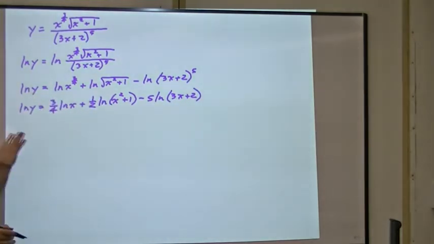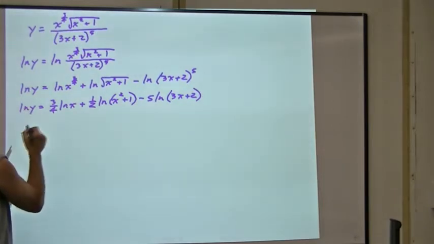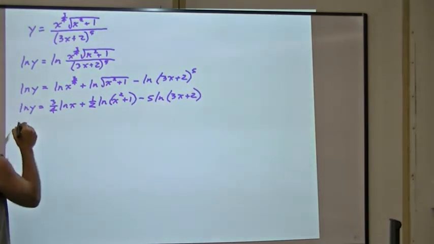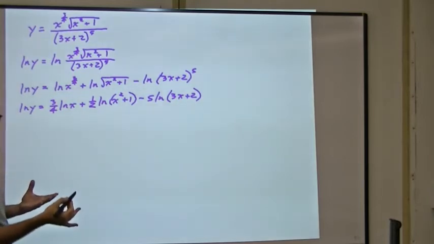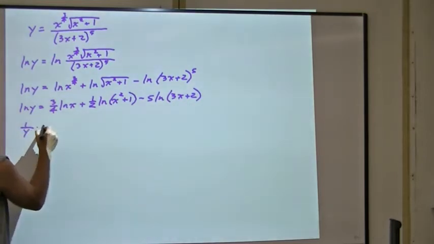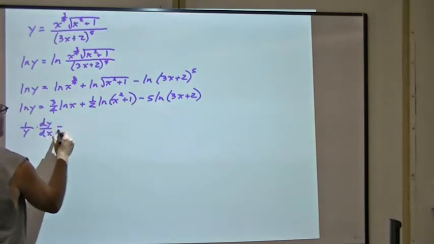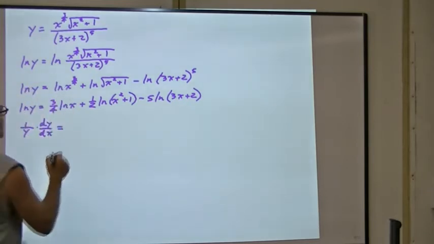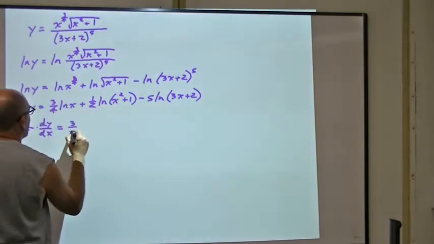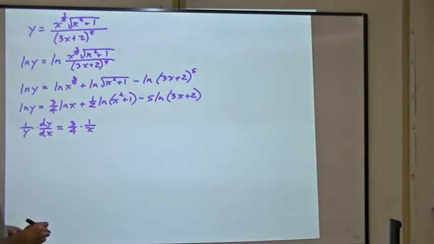All right, now take the derivative of both sides. Derivative of natural log y, you're getting used to this now. This is just going to be 1 over y times the derivative of y. So it's going to be 1 over y dy dx equals the derivative of the first chunk is just 3/4 times 1 over x. Derivative of natural log x, 1 over x.